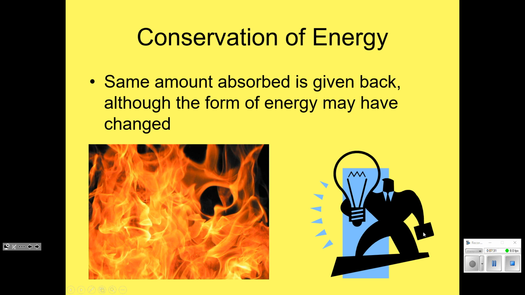You can't gain or lose matter. Energy works the same way. So the first law of thermodynamics is the conservation of energy law that says the same amount of energy that is absorbed by the electrons is given back when they fall back down. So what we're going to go over is there are some higher forms of energy and some lower forms of energy.